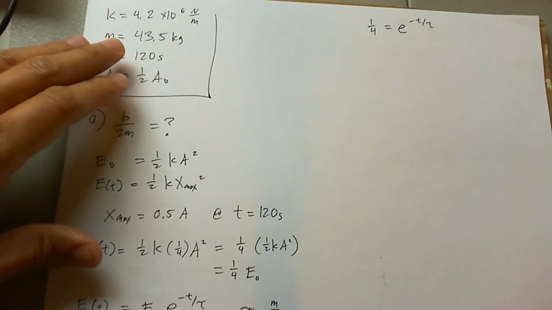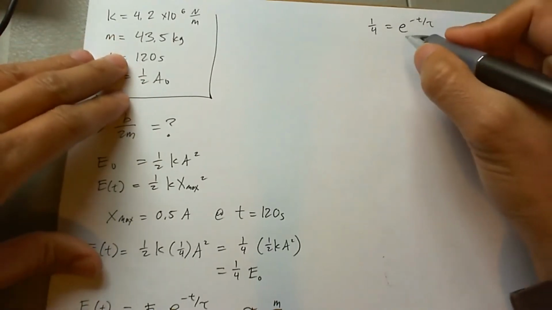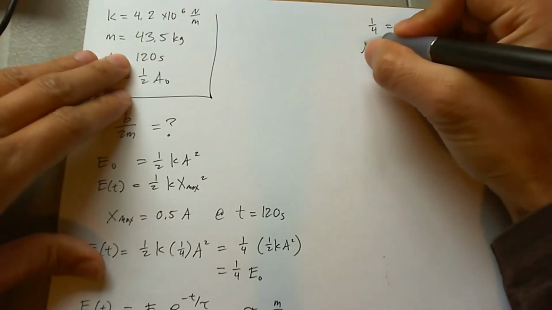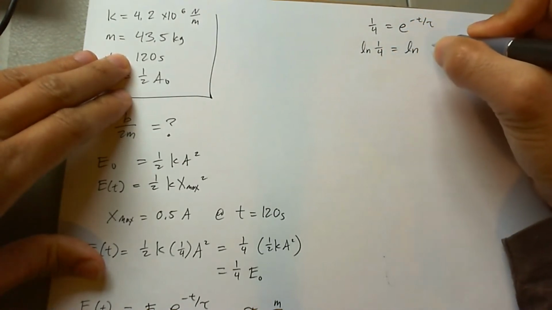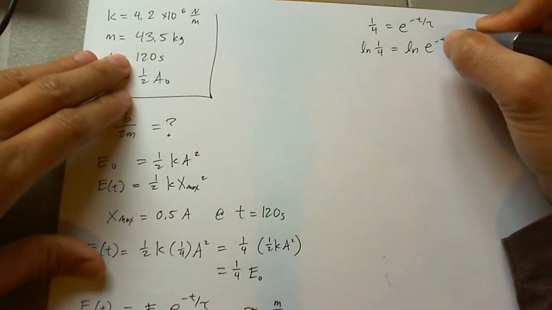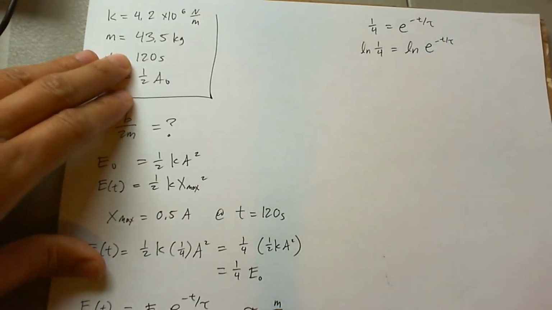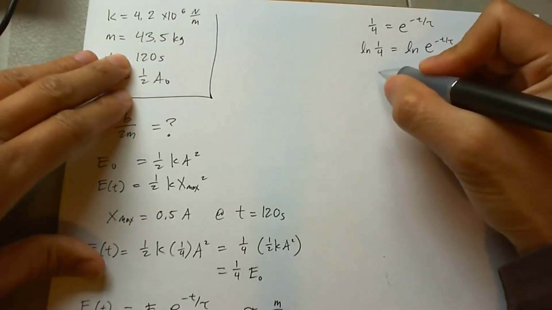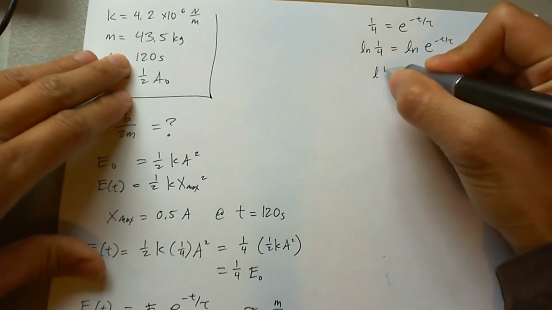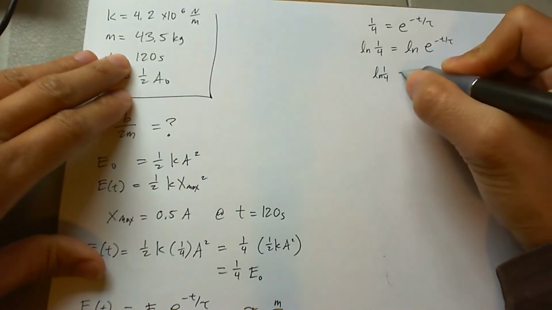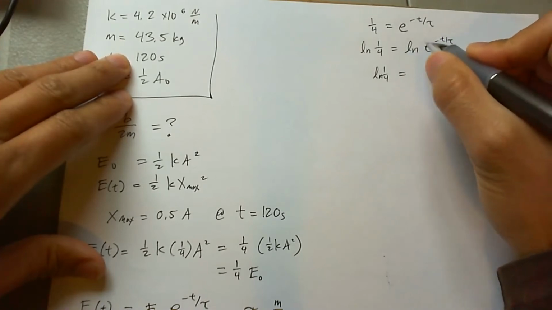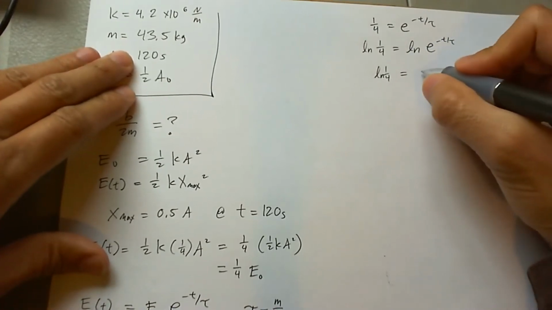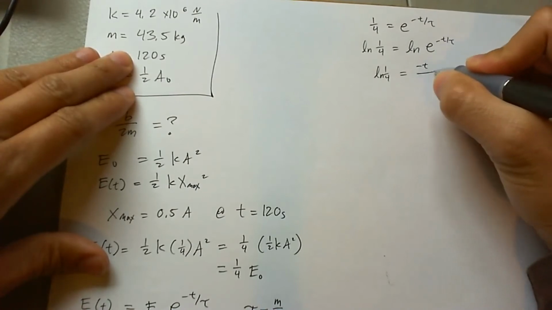Now we're going to take the natural log to get rid of the exponential function. Natural log of 1/4 is equal to the natural log of e to the power of negative t over tau. This becomes natural log of 1/4 equaling just the exponent, negative t over tau.